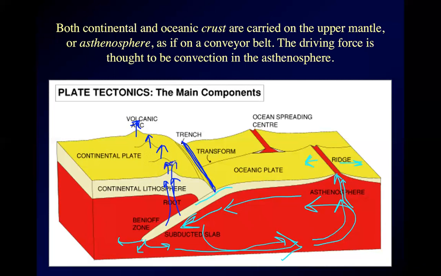In other cases, like the Cascade Mountains of Northern California up through British Columbia, the volcanoes end up as part of the continent. So Mount St. Helens and Mount Rainier and Mount Hood and Lassen Peak and Mount Shasta and all of those are a volcanic arc that doesn't make islands. It makes a range of mountains on a continent. So anyway, that's our basic picture of how plate tectonics works.